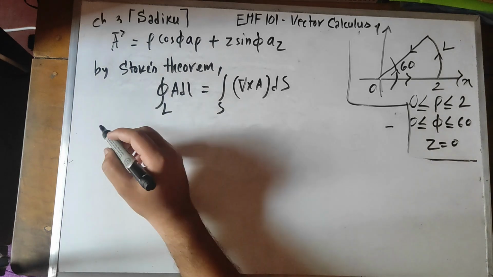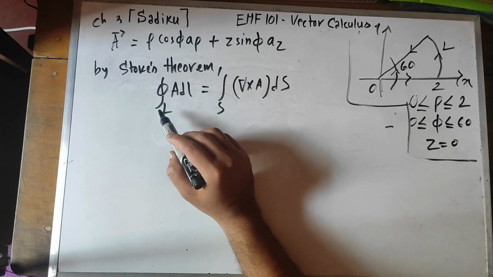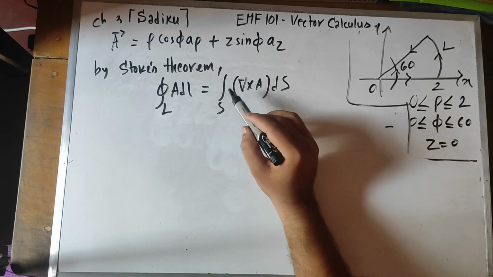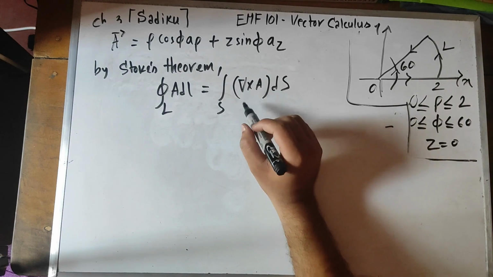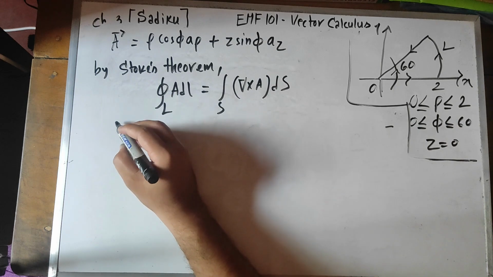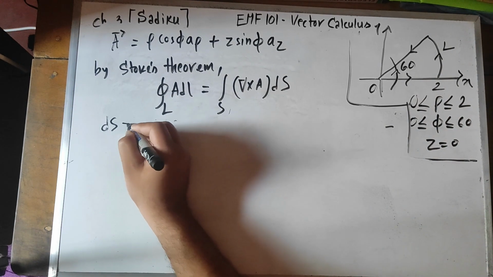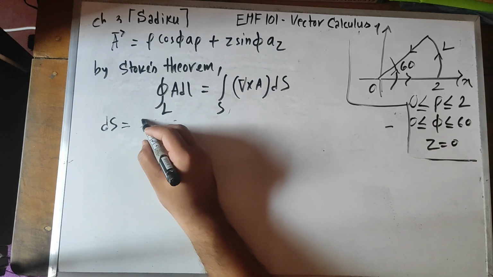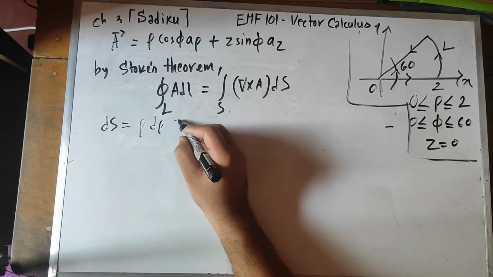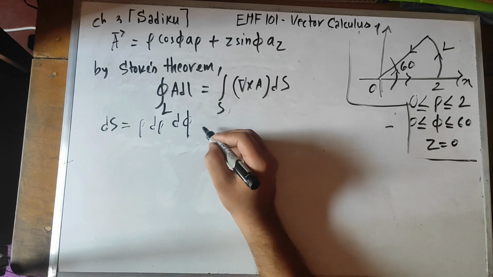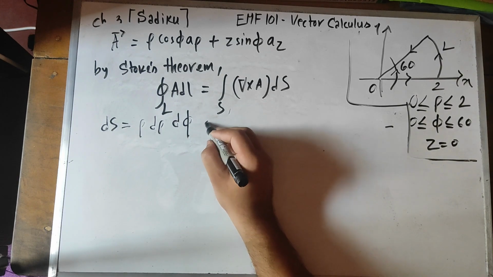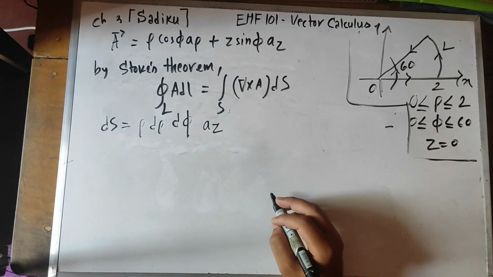We have found the line integral, and now we analyze the surface integral. Here the differential surface is ρ dρ dφ in the direction az.